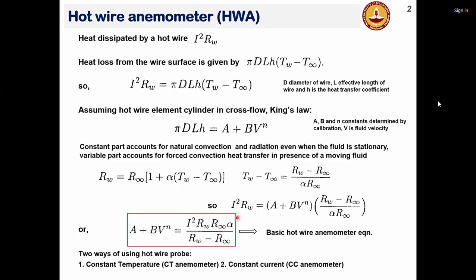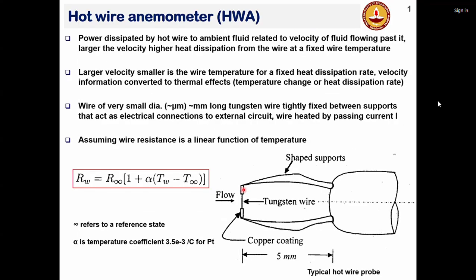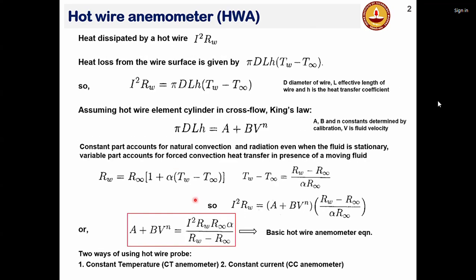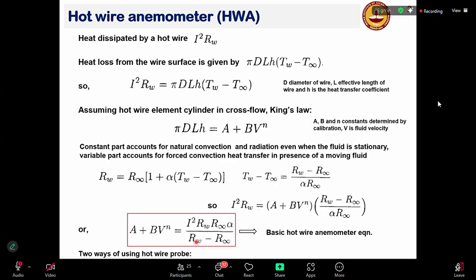And you have alpha, the temperature coefficient that relates how resistance increases with temperature. These are the parameters which actually affect the velocity.